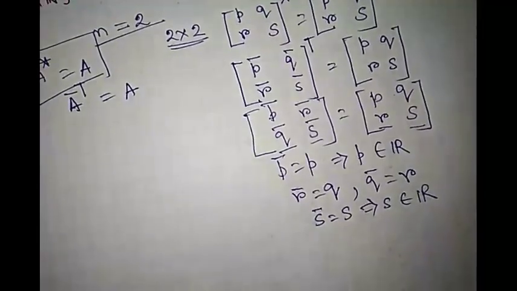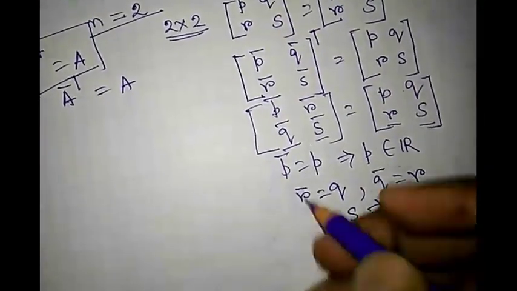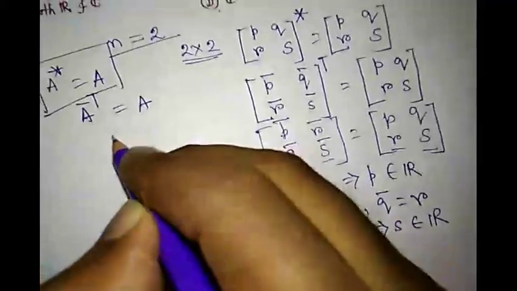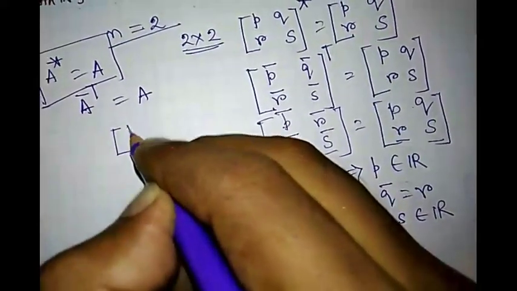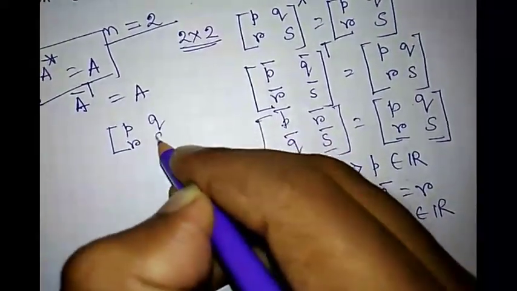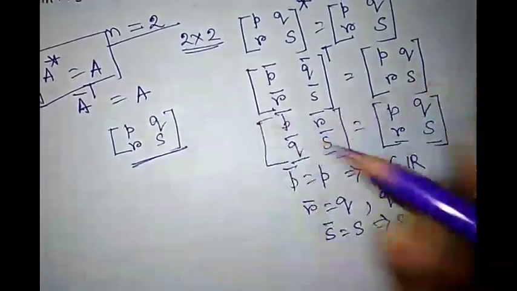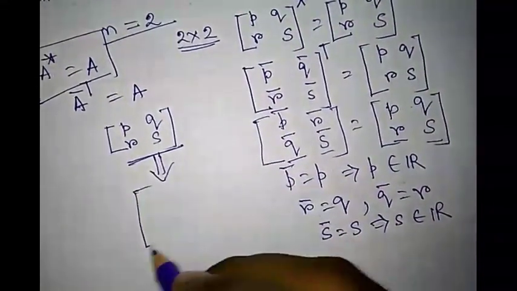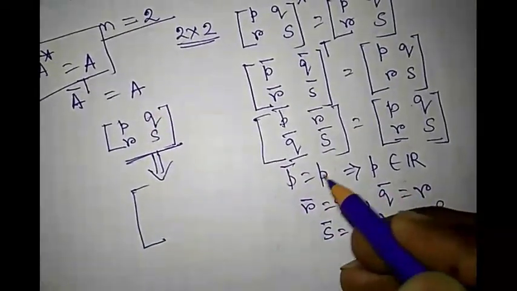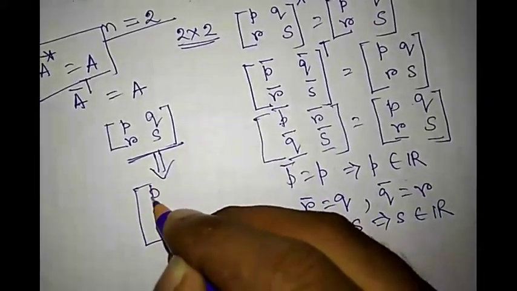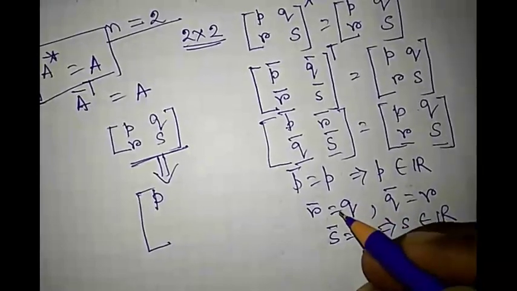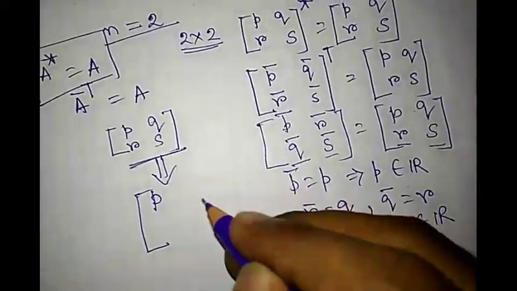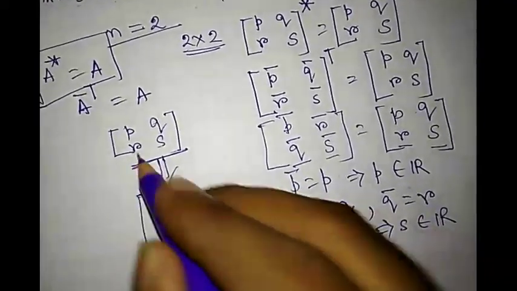Now what can we say about the matrix? We took the matrix as P, Q, R, S. Now this will be Hermitian if P is a real number, so that is P. Then we have Q, then R. What is R?